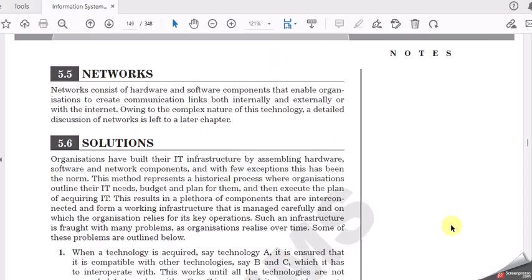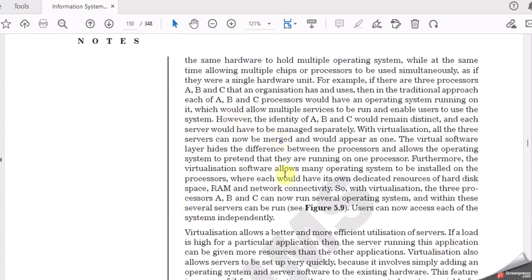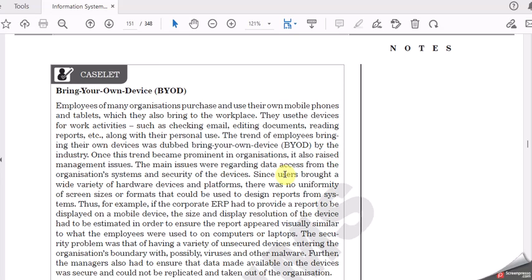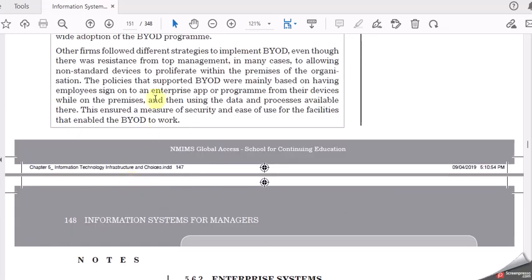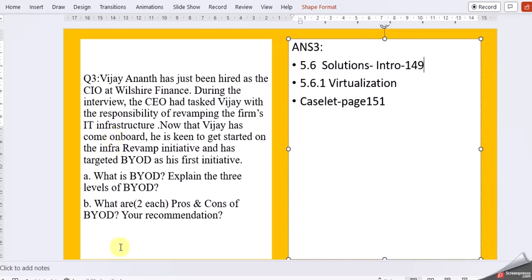Here you can start with what the virtual world is, and how the bring your own device concept has come up. So here is the exact caselet we are looking for. Here you have the complete information, and 3B is also connected to this.